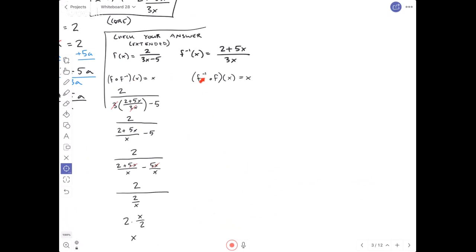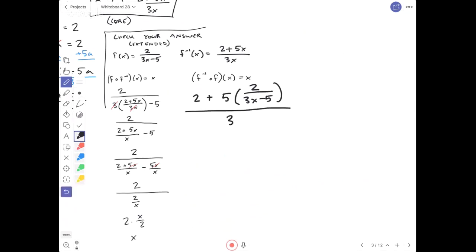And now I have to show that f inverse of f of x is equal to x. So f inverse of f of x is 2 plus 5 times 2 over 3x minus 5, times 2 over 5.